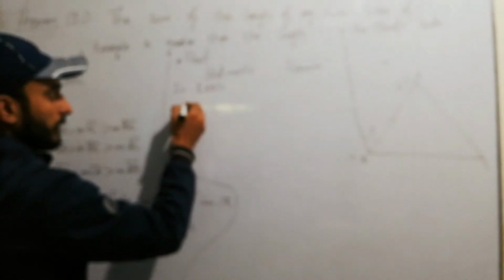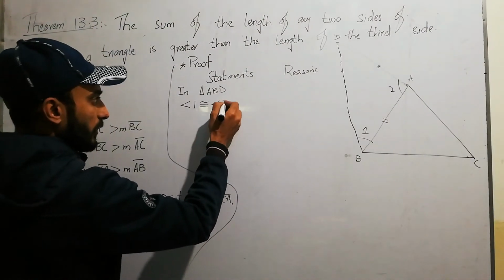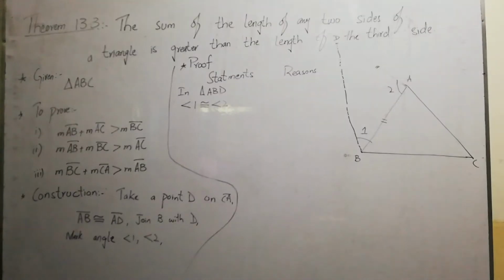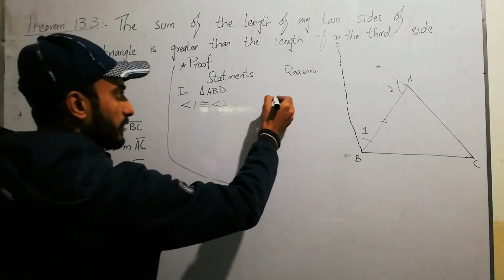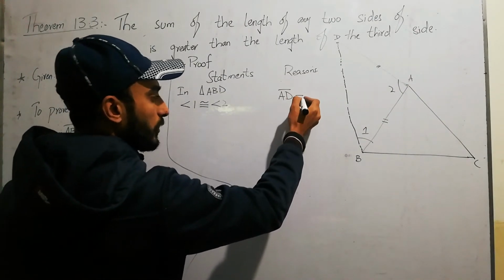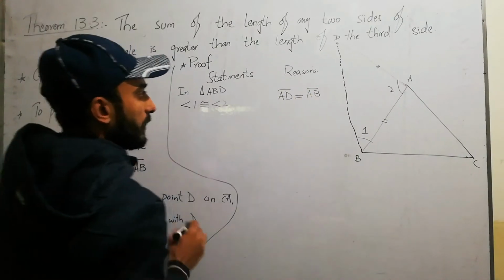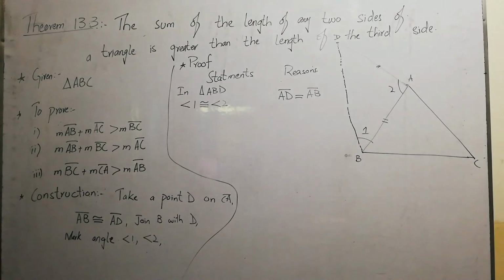So we can say that in triangle ABD, angle 1 is congruent to angle 2, as we have done earlier in the last theorem, such that AD is congruent to AB. Angle opposite to the congruent side is also congruent. AD is congruent to AB, so angle 1 is also congruent to angle 2.